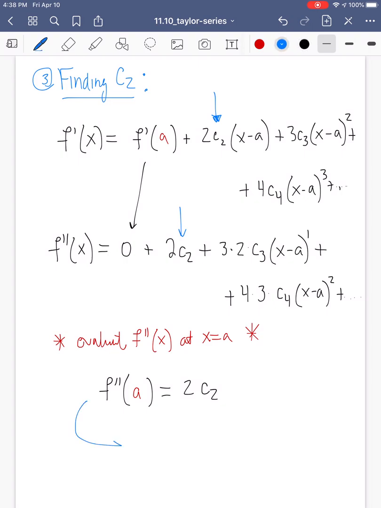And when we solve for c2, c2 is equal to the second derivative of our function evaluated at a all over 2.